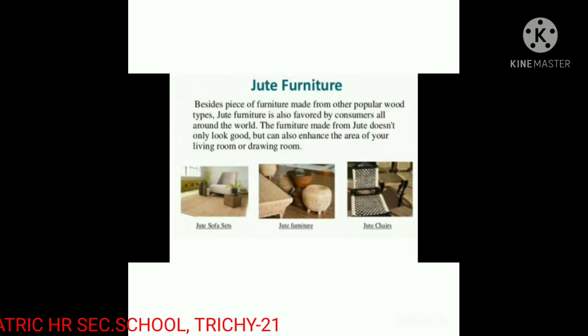Jute furniture. Besides pieces of furniture made from other popular wood types, jute furniture is also favored by consumers all around the world. The furniture made from jute does not only look good but can also enhance the area of your living room or drawing room.